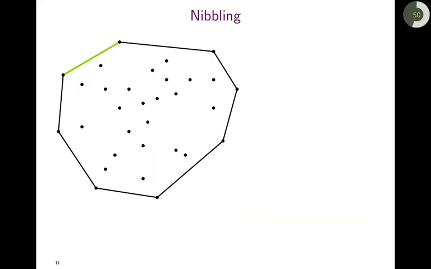So let me explain now how these separators can be used in an algorithmic scheme, and we call this algorithm nibbling. So let's nibble. Okay, let's see how that goes. If we want to start this algorithmic scheme, we have to choose an edge here, this green edge, and say from that green edge we start nibbling.